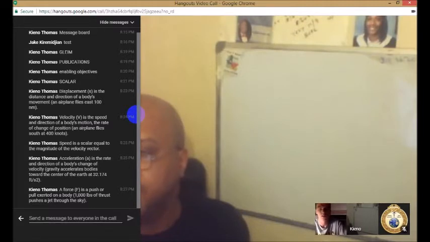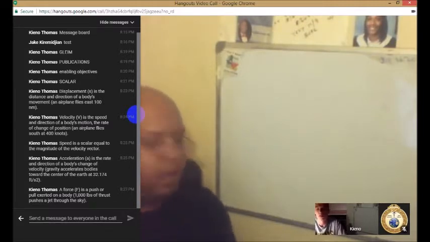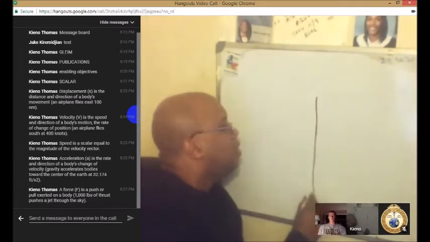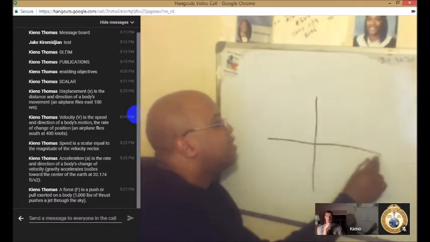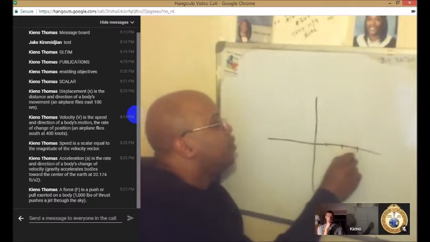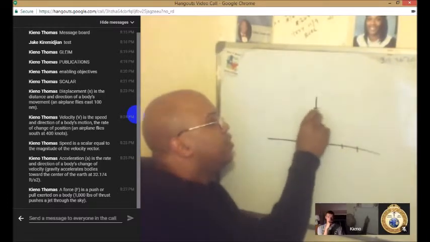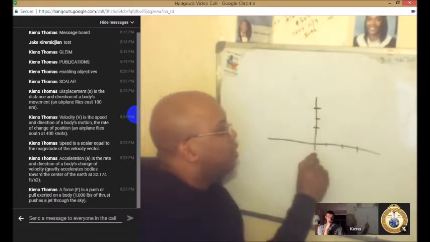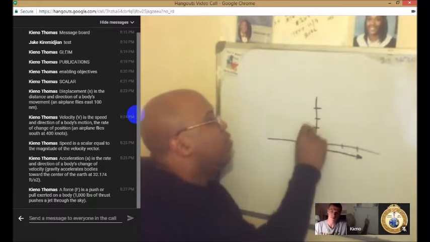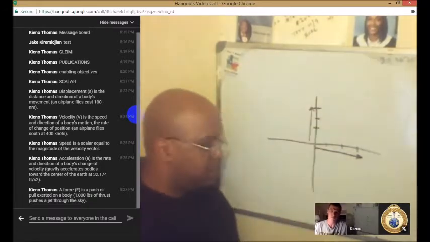Let me scroll down in my notes. Basically, we could look at it like the Cartesian coordinate plane. We have a y and an x-axis. We have a force exerting itself in this direction, and a force exerting itself in this direction.